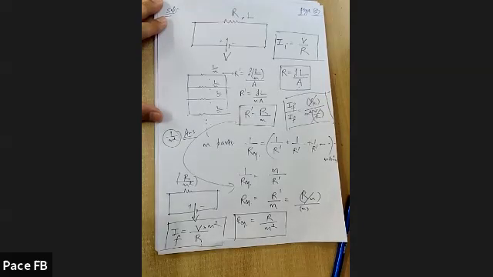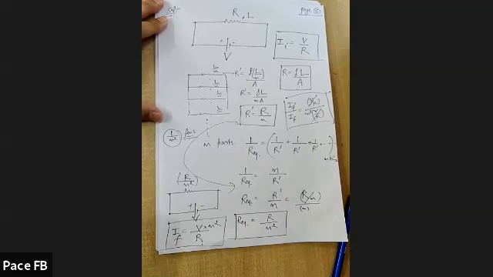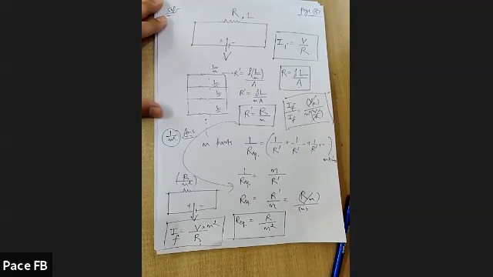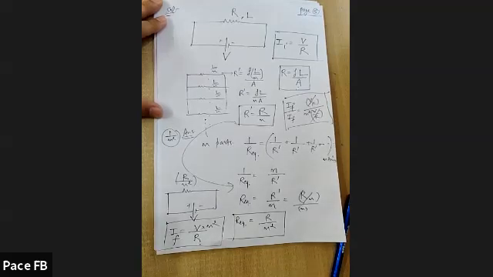a fraction of its length is stretched uniformly till the full length of the wire becomes 3 by 2 times the original length.